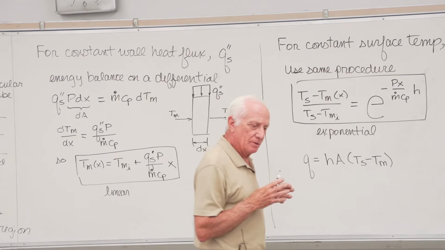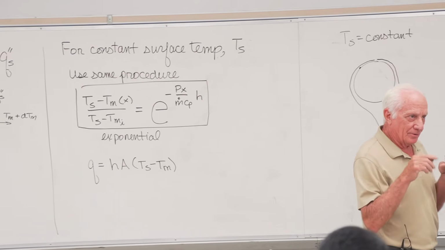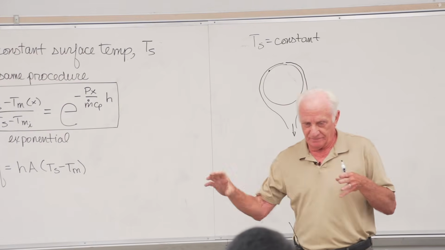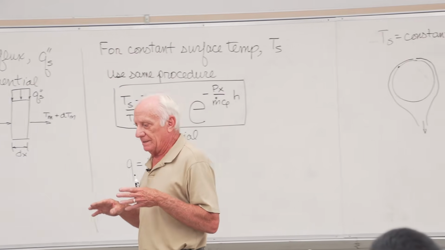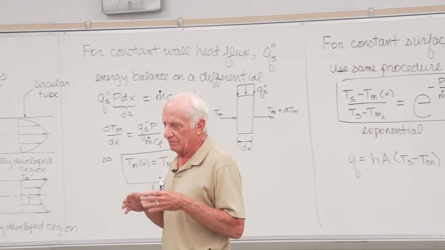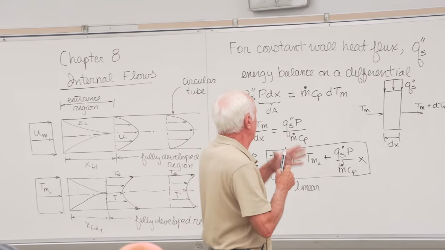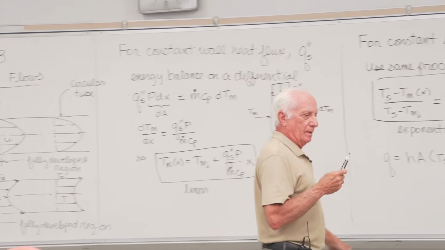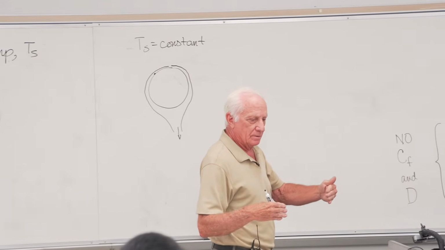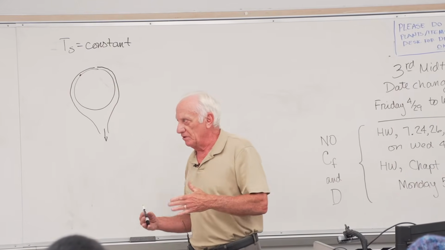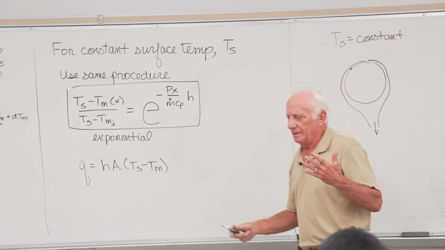So what they do sometimes is they'll wrap the pipes out in the field with electrical tape, like blankets if you wish, and trickle electricity through it to keep the oil a little bit warmer so the pumps don't get that big boom when it turns on in the morning. That's constant wall heat flux. Every meter of that little blanket on those tubes generates so many watts to keep the oil warmer than it would have been in the desert in the middle of the night. So yeah, that's an application there.